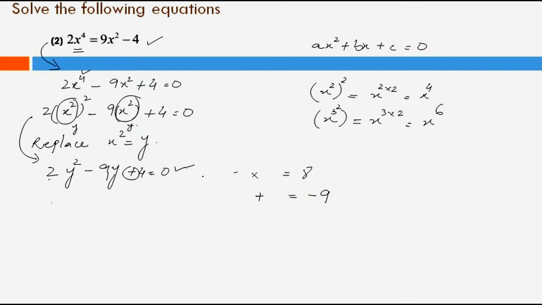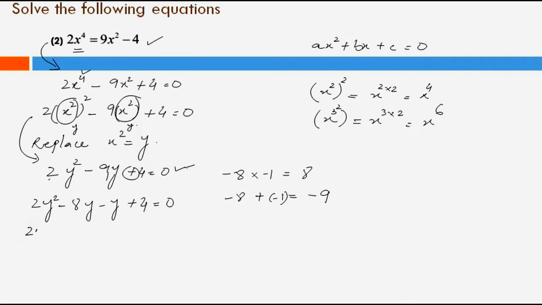So these two numbers are minus 8 multiplied by minus 1. Minus 8 minus 1s are 8, and if we add minus 8 and minus 1, it will be minus 9. So 2y square minus 8y minus y plus 4 is equal to 0.